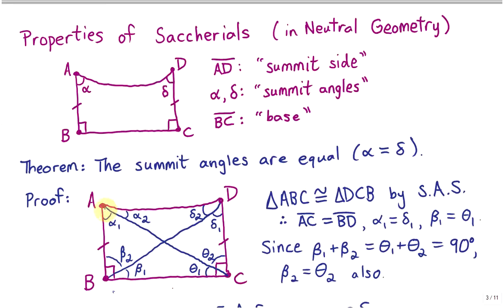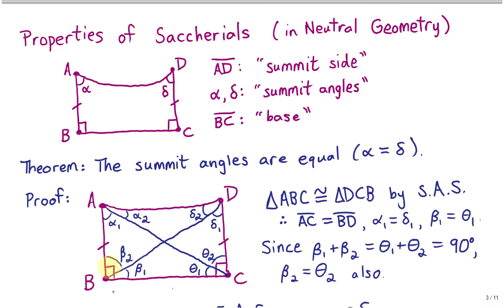To do this, we first construct the two diagonals, AC and BD. Now we have two congruent triangles, ABC and DCB are congruent by side angle side. AB is equal to DC.